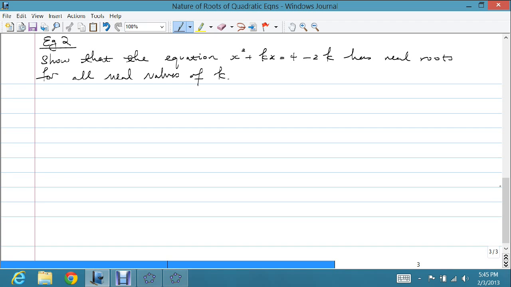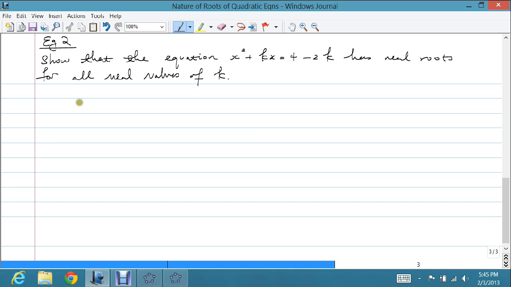Let's look at another example. Show that the equation x squared plus kx equals 4 minus 2k has real roots for all real values of k. In other words, no matter what value of k I put in as the constant, the final equation will always have real roots.